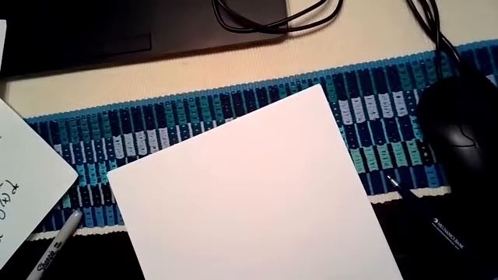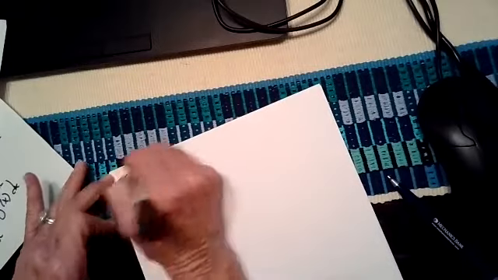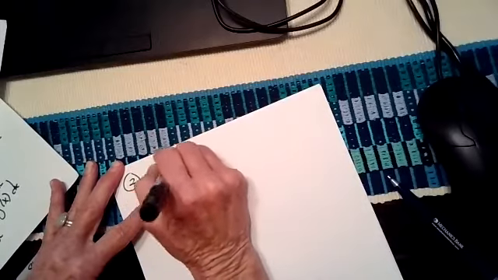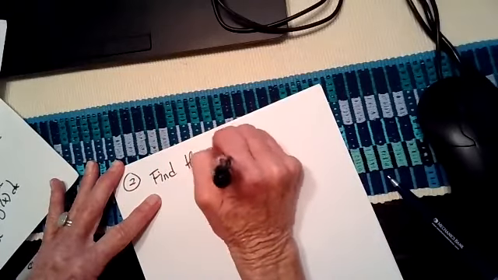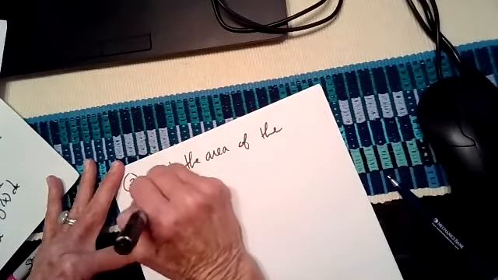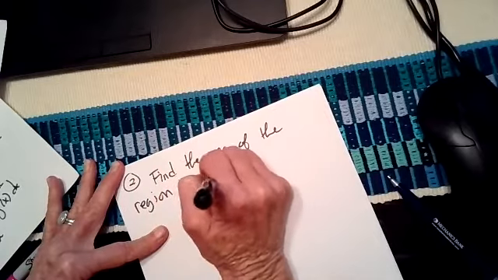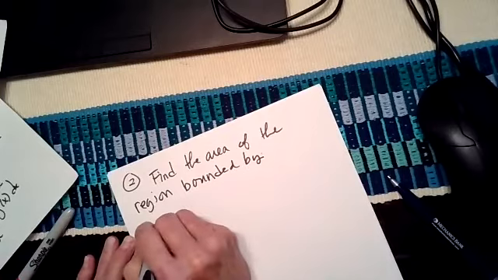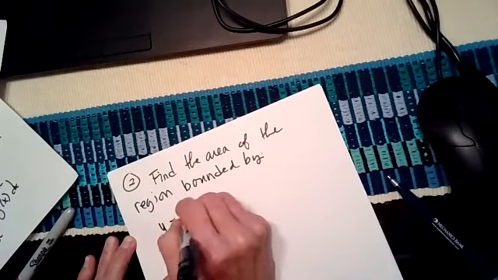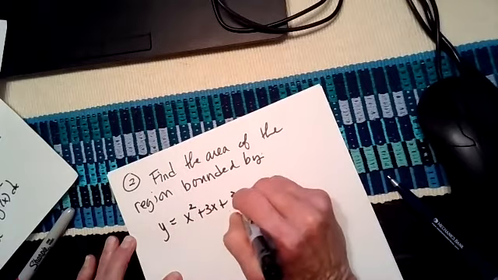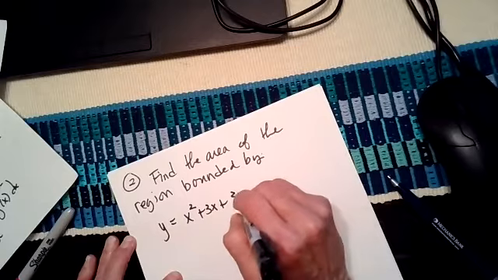Question number 2. All right, so question number 2 says find the area of the region bounded by y is equal to x squared plus 3x plus 3, and y is equal to negative x.